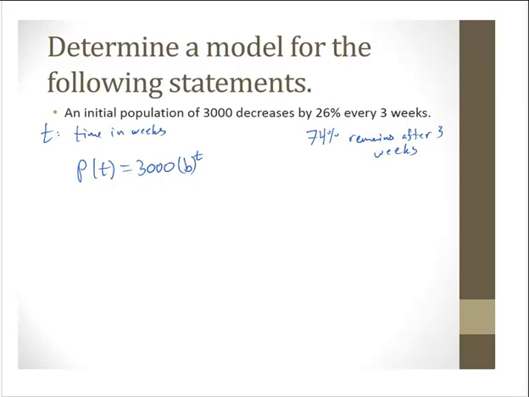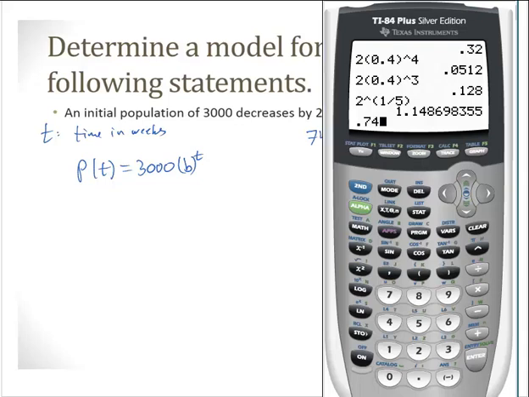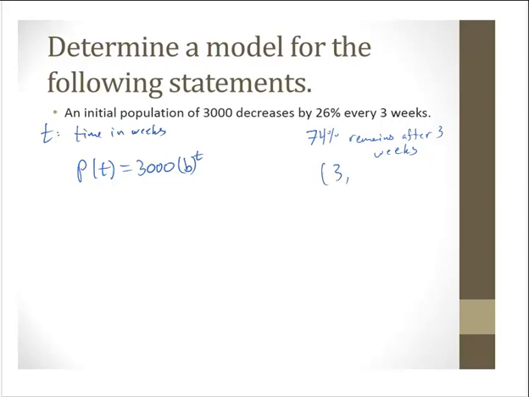So that gives me the point. Let's see, what's 74% of 3,000? 2,220. So after 3 weeks, 2,220 remain. Substituting, we have 2,220 is equal to 3,000 b to the third.